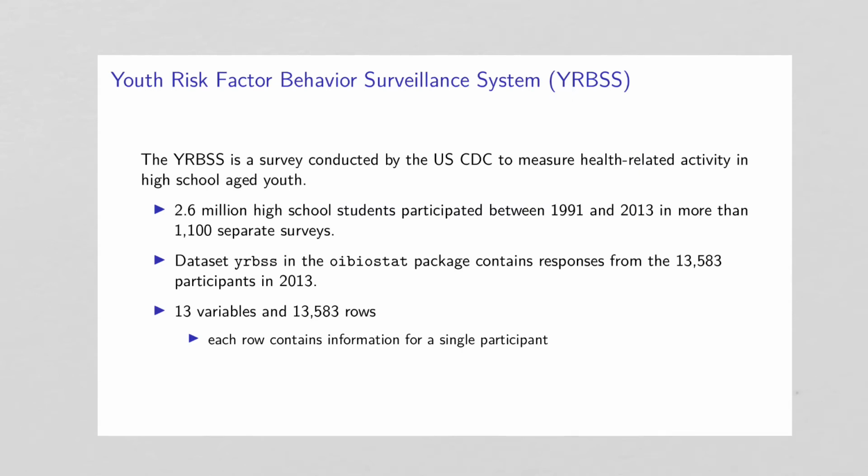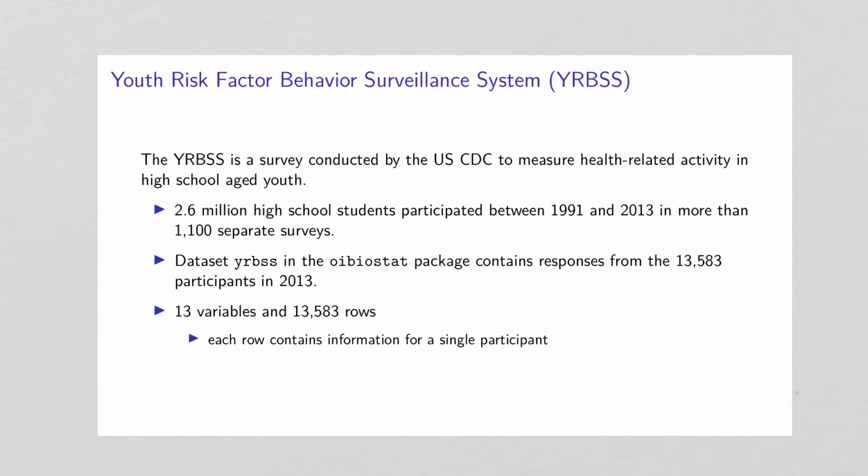So here we have the Youth Risk Behavior Surveillance System, which is something that we in epidemiology use a lot. It tells us a lot about how youth are doing with regards to risk factors, things like alcohol, smoking, suicide, mental health.